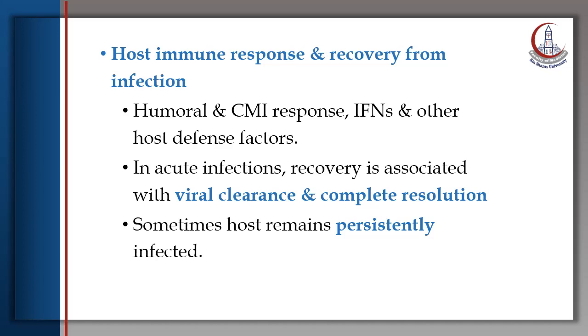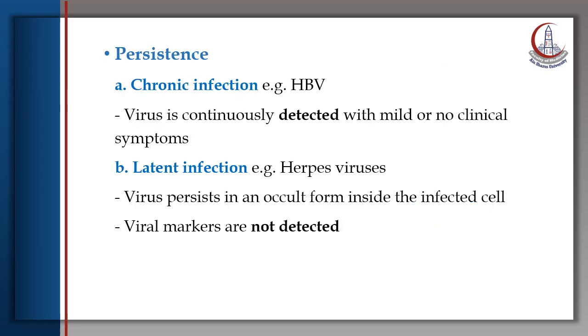As regards the fate of the virus, usually there is complete viral clearance and complete resolution. However, in some cases, the virus remains persistent inside the host cell. We have three forms of persistence: chronic infection, latent infection, and slow infection.